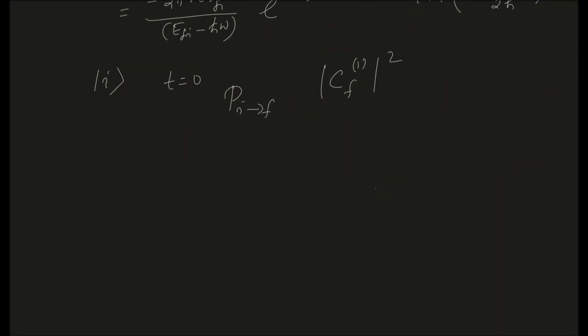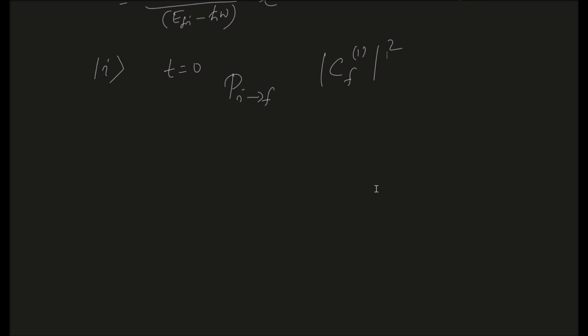So that means the probability for the system to make a transition from our initial state to the final state is given by 4 times W_0 fi modulus square.